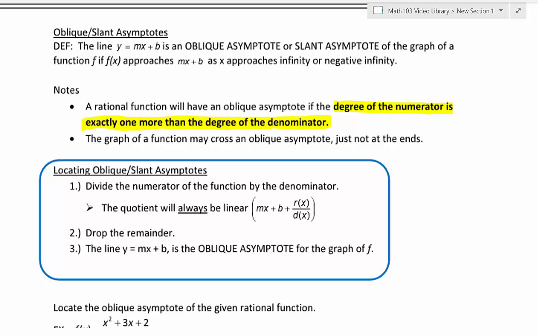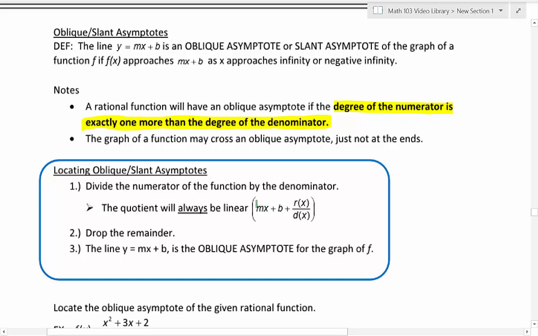So our quotient will look something like mx plus b plus some remainder. We're then going to drop the remainder. The line y equals mx plus b is the oblique asymptote for the graph of f.